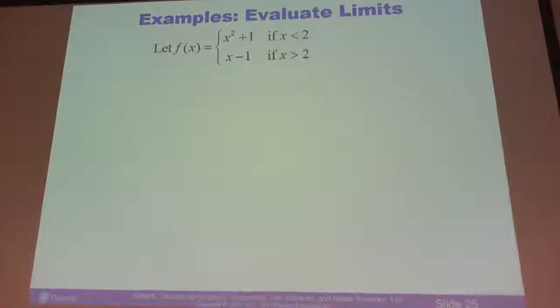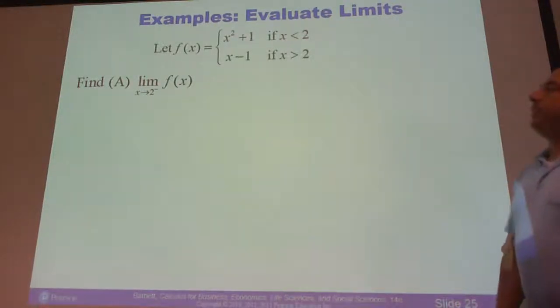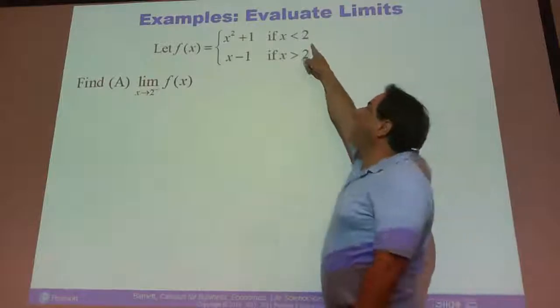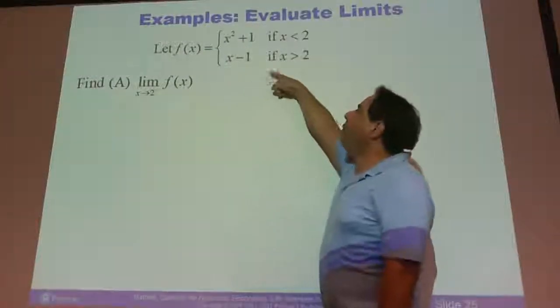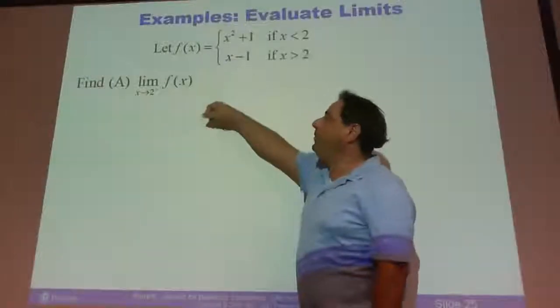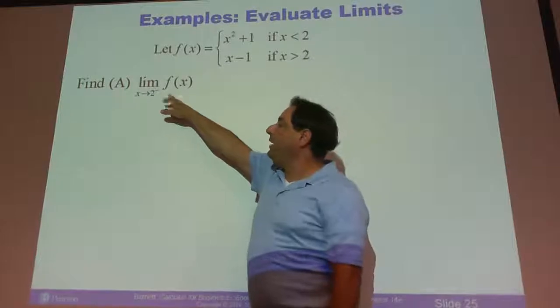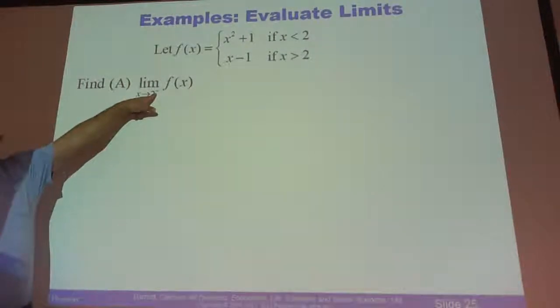Okay? So here's where things get a little different. In this function, it's saying when your value is less than 2, use this one. When your value is greater than 2, we use x minus 1. So here, understanding our symbols, the limit as x approaches 2, what does the negative 1 mean?